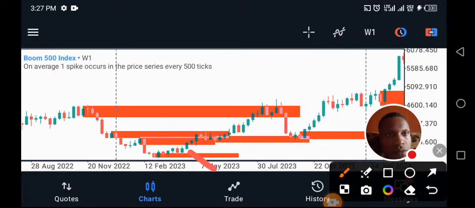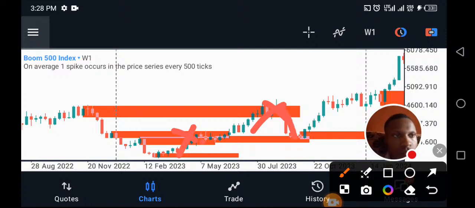Price did not come back to test this order block. Also here, guys, this order block failed. This order block failed but did not fail completely. Market still sold a little from that level.